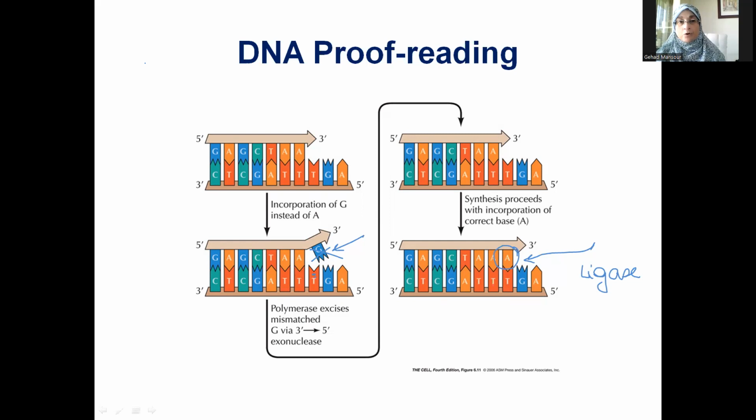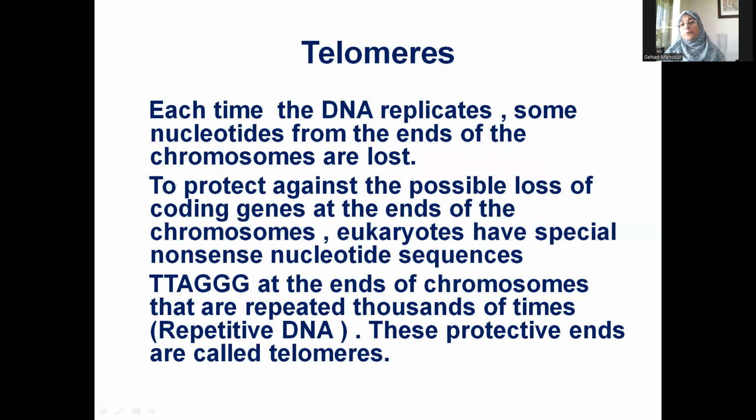You excise the wrong base that is not perfectly matching. And of course, you don't excise the base only, but you excise the whole nucleotide, and then you substitute or replace, and then you ligate or you join. These are the steps of proofreading.